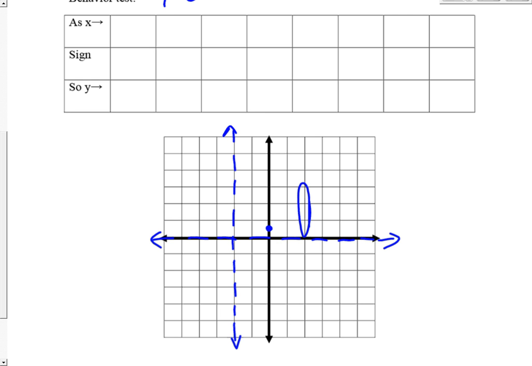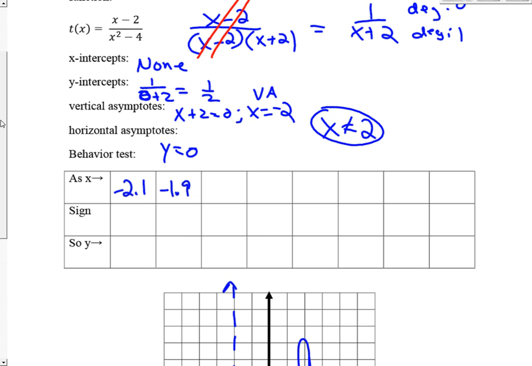All right, so now what do we do after we get all this stuff on the graph? Test points, right? And our test points come 0.1 units away from the vertical asymptote. So this vertical asymptote is at -2, so we're going to use what? -2.1 and -1.9. So the -2.1 is on the left, -1.9 is on the right. When we plug in, we're going to be using just the 1 over x plus 2.